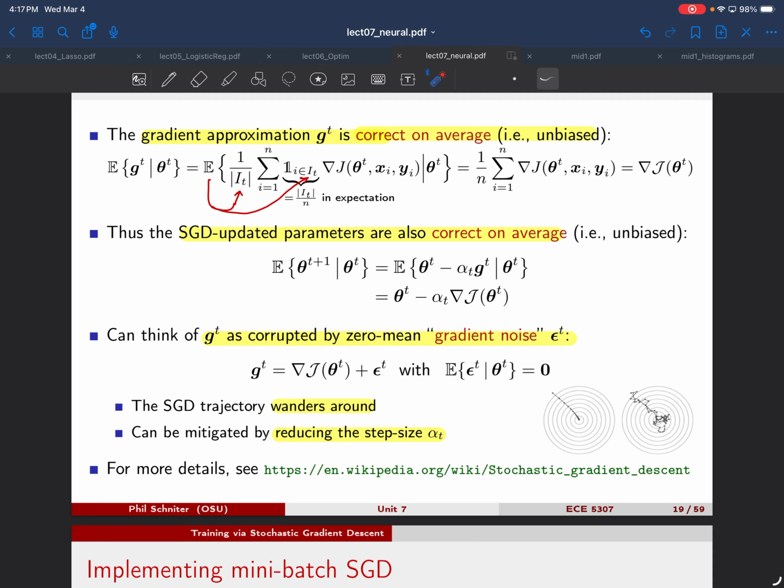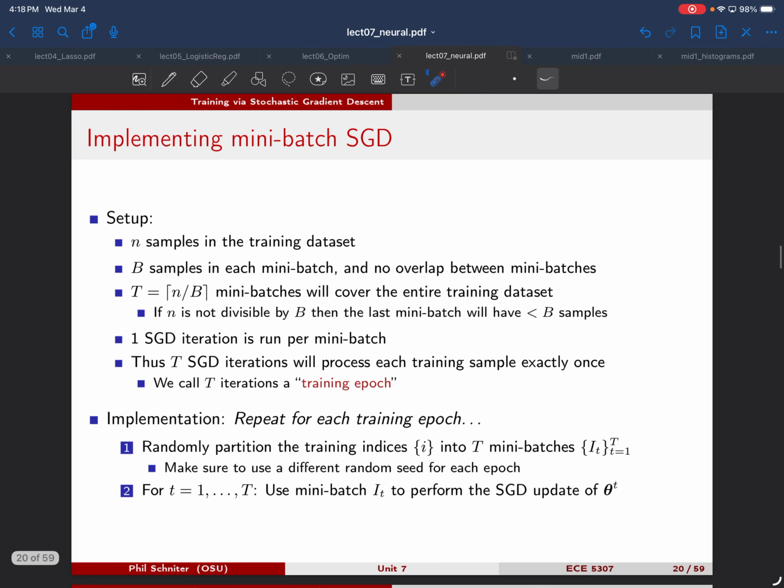Okay. So here are some implementation details and a few important definitions. As always, we say that we have n samples in our training data set. And now, as a new variable, let's say that we have b samples in each mini batch, maybe b is on the order of 32 or some number like that.